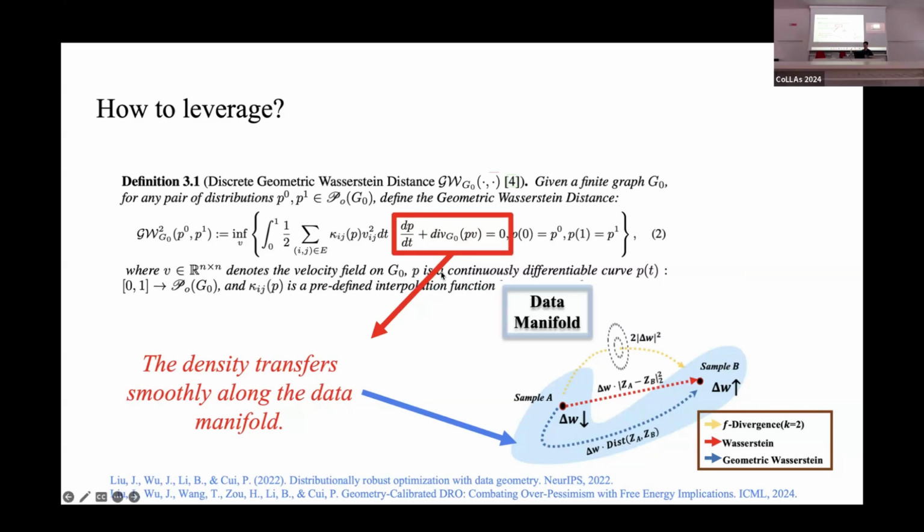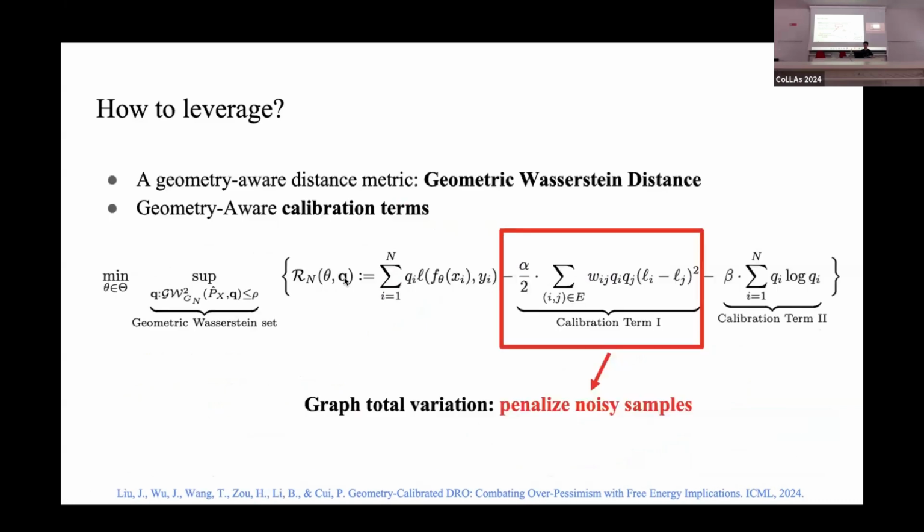However, Wasserstein distance is like this red curve, and it only cares about the Euclidean distance between two points. However, for geometrical Wasserstein distance, the transportation can only be done along the graph or along the data manifold. And this is the key difference between these three kinds of metrics.